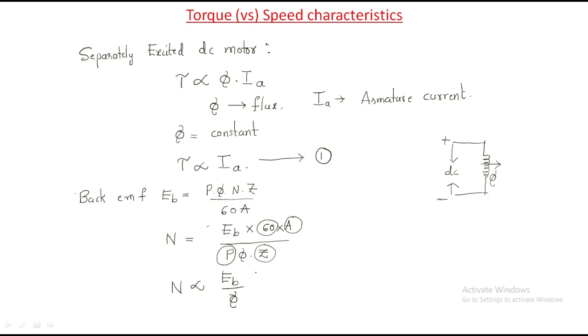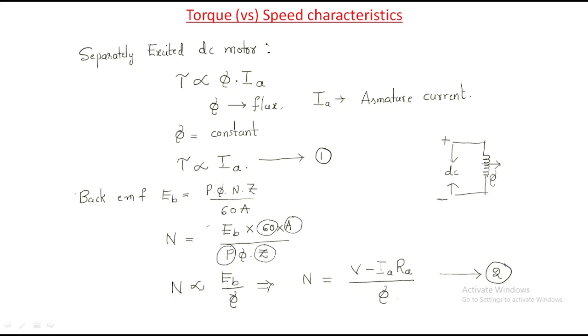The back EMF formula is supply voltage minus IA RA, the armature drop, divided by flux. Take this as the second equation.